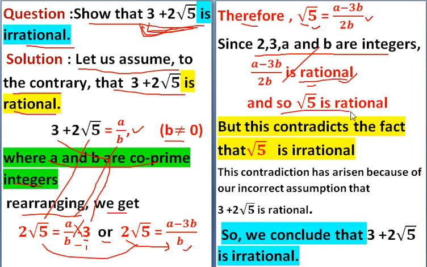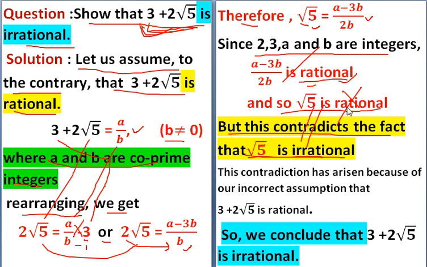So root 5 is rational, but this contradicts the fact that root 5 is irrational, because you know that root 2 is irrational, root 3 is irrational, root 5 is irrational. You have the proof that root 5 is irrational, and so this contradicts that fact, and so root 5 being rational is not right.